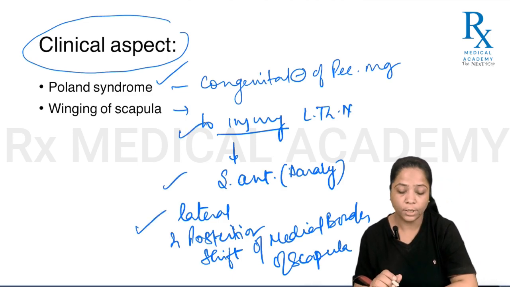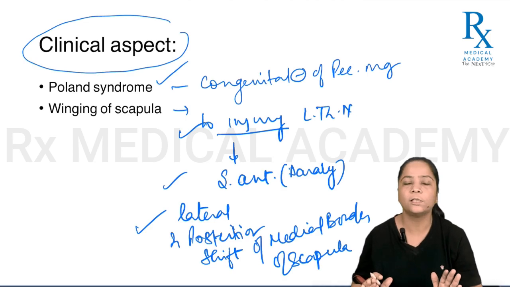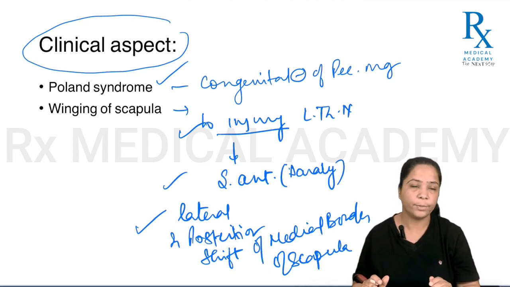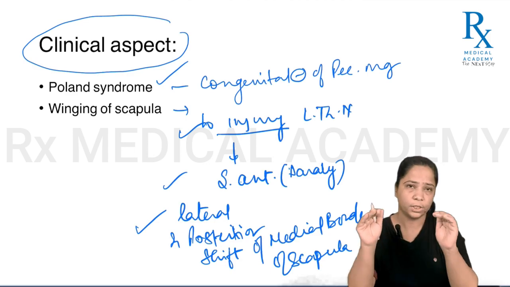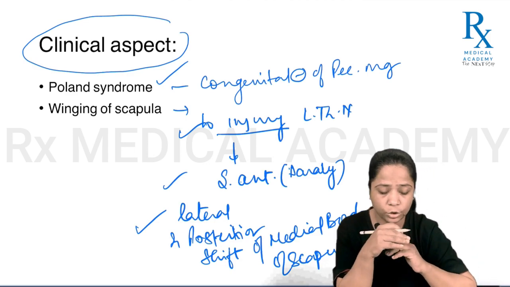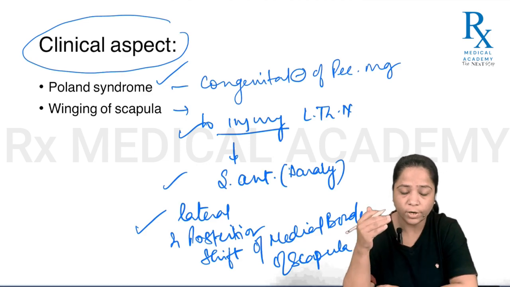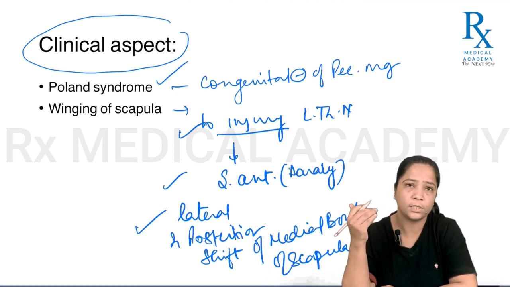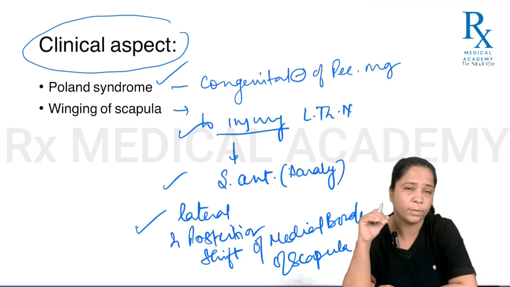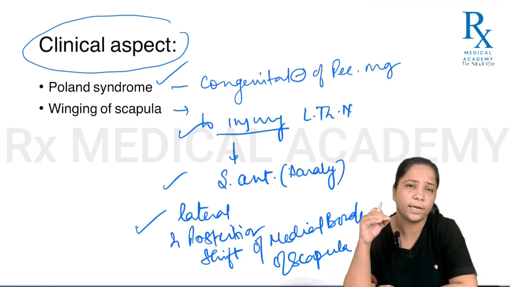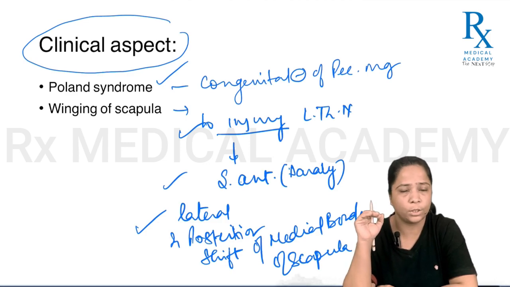So you have to remember which muscle is paralyzed, what clinical feature appears during the muscle paralysis or the nerve injury. So that's all about the muscles of the pectoral region. This you have to prepare for your viva exams, for your MCQ exams, or whatever entrance exams you have, you will find one or two MCQs on the muscles or their action, the nerve supply of the pectoral region.